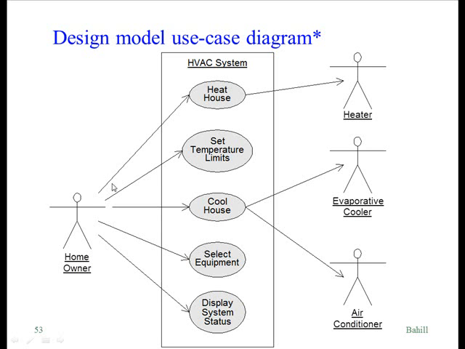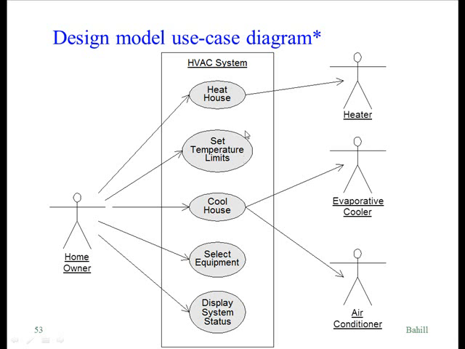Okay, so now we can see that the homeowner or the user can actually interact with the different components in the system via these use cases, heat house, set temperature limits. Again, this one is one of those use cases that doesn't interact directly with any of these components. But it's going to interact with what's going to be inside this HVAC system.